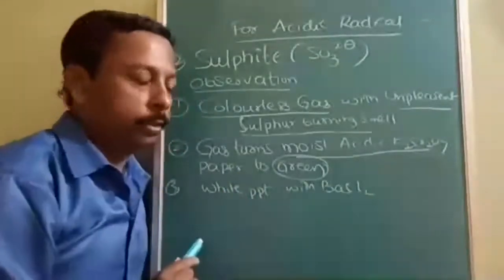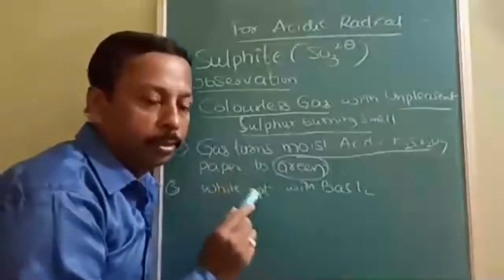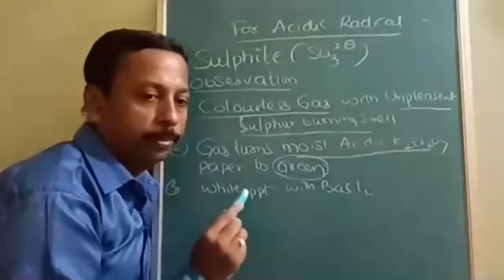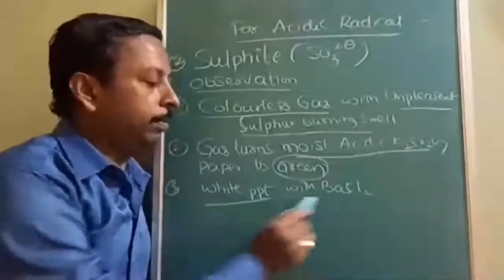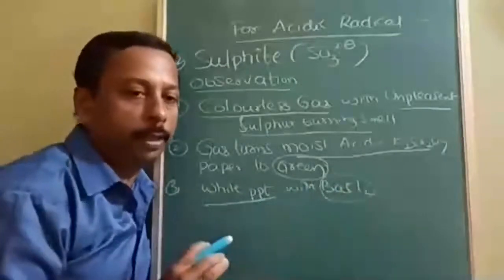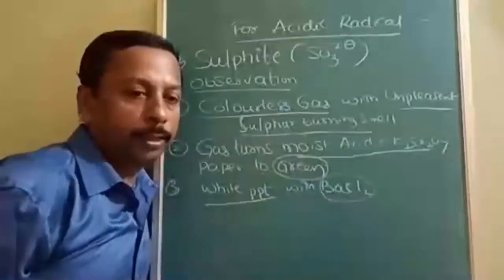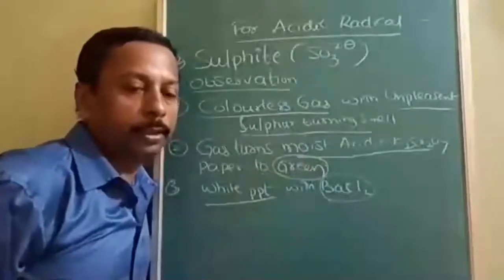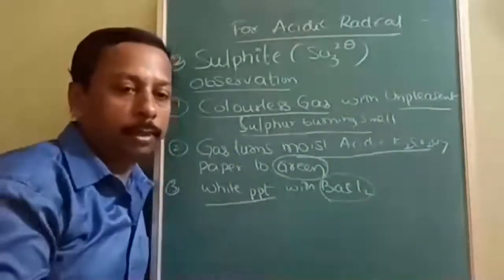Next, for further confirming, we send some more gas to the same solution and the color disappears. But here, that gas is now sent to BaCl2. If a white precipitate forms, definitely it is sulfite, SO3 2 minus. So these are the three steps by which we can confirm the presence of SO3 2 minus.